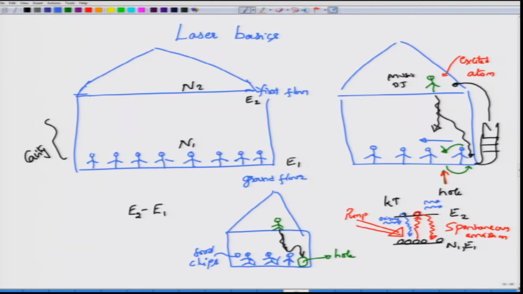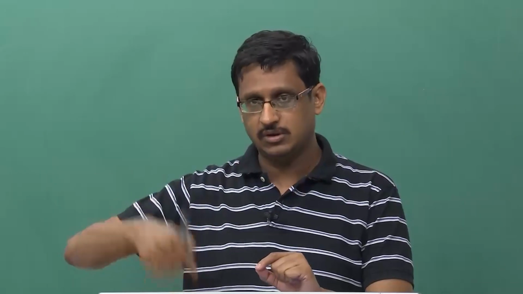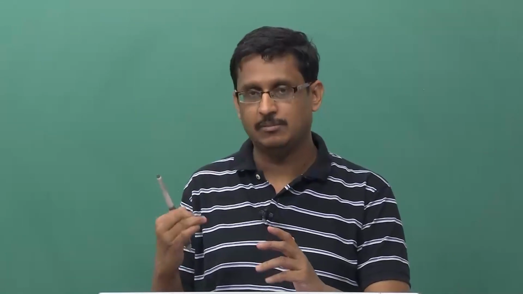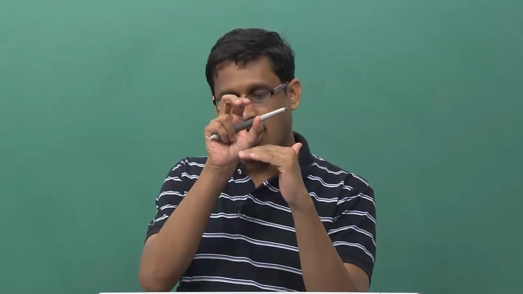Its only effect is to nudge the excited electron, so that it can go down to the ground state and recombine and generate another photon. And you can imagine that if the number of excited electrons in level 2 is much higher than the number of electrons in the ground level, then one or two incident photons are sufficient to drop a large number of electrons from E2 to E1, generating a large number of photons.